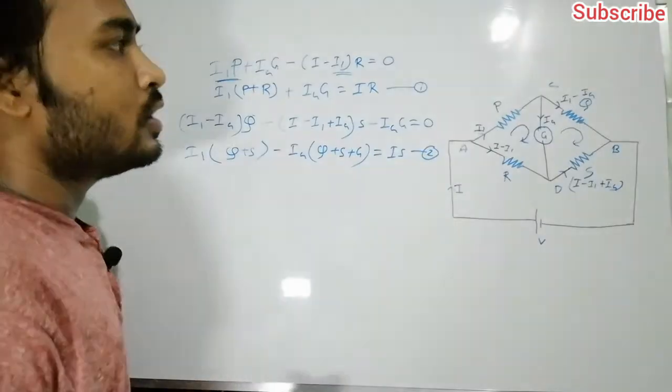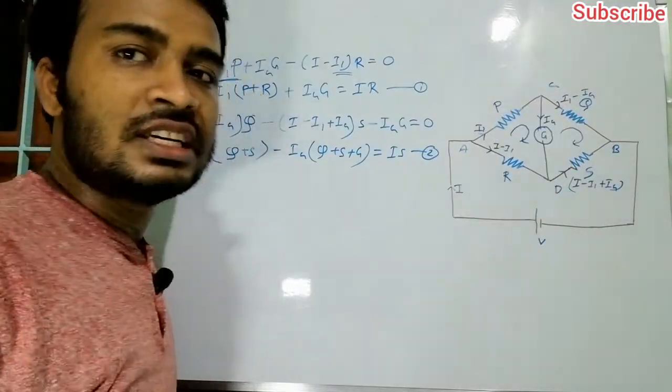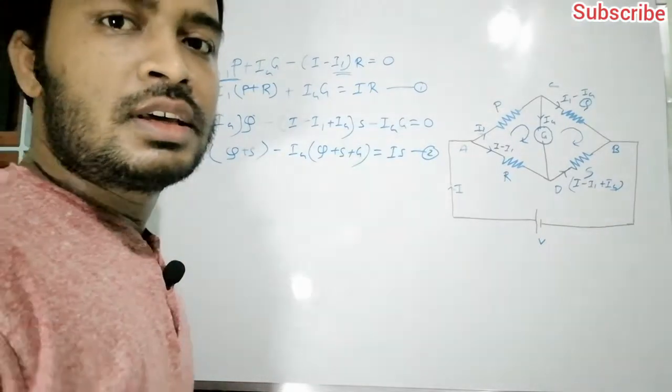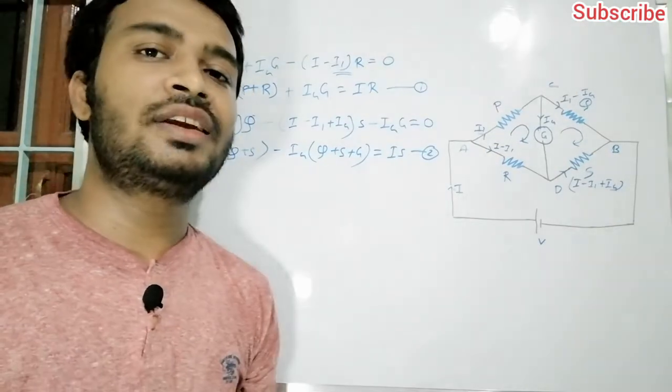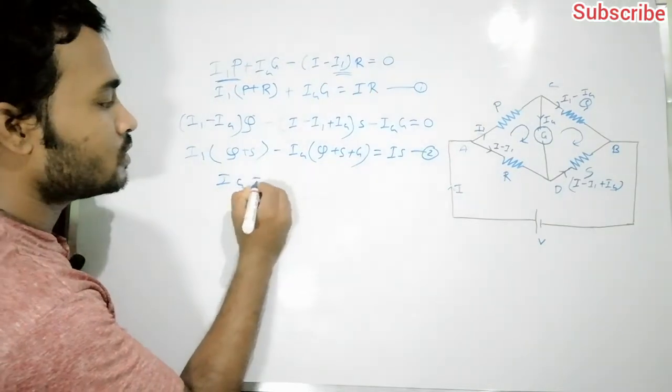To derive the null condition, we have to take that there is no current from C to D. Null condition means there is no deflection of the galvanometer. If there is no deflection of the galvanometer, that means there is no current through the galvanometer. So Ig is equal to 0.